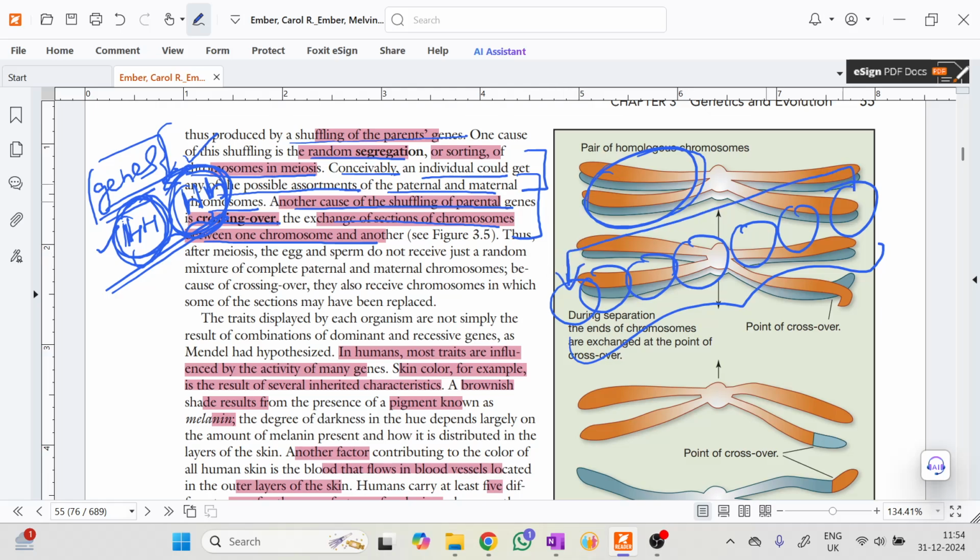So when I say that a particular trait is controlled by many genes or a long chain of DNA, or it may be that different groups of chains of DNA control a particular trait, and we know that a chain of DNA is also known as a chromosome.